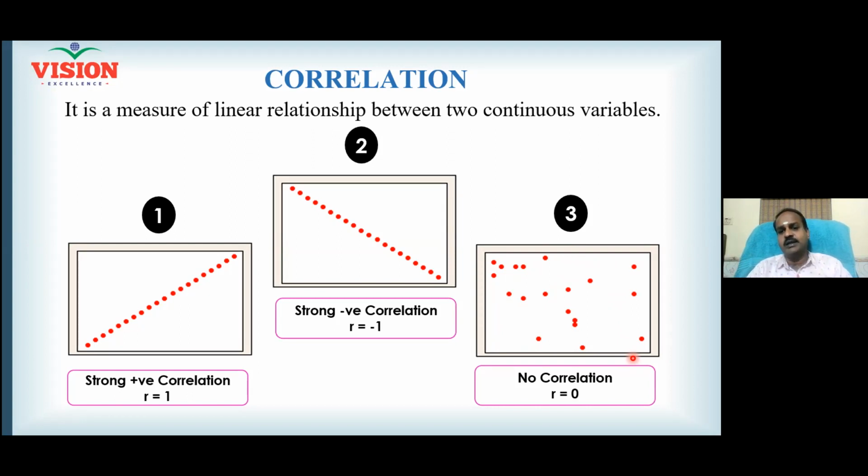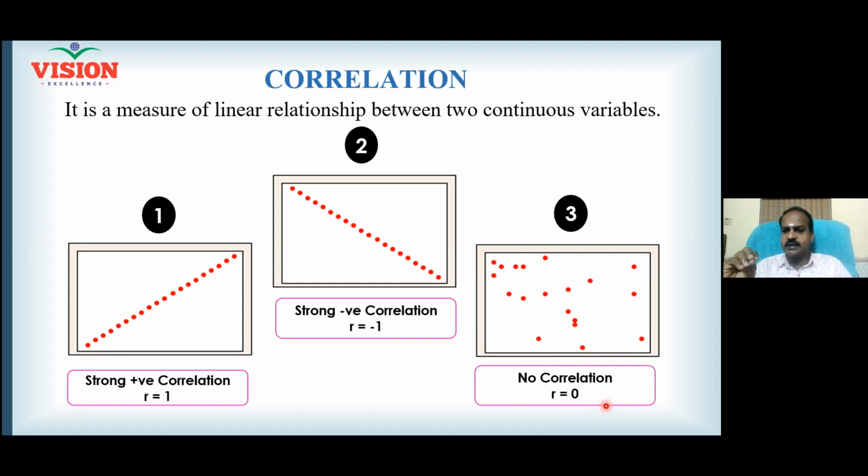Or you can also say no correlation exists. When you say no relationship, it means there is no dependency of your y on x. But when you say no correlation, the word is technical. No relation means it's generic, but no correlation means it's slightly statistical.